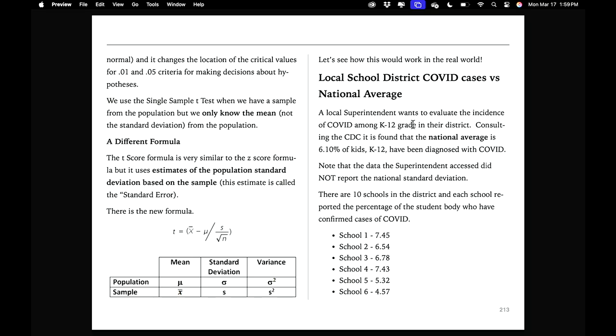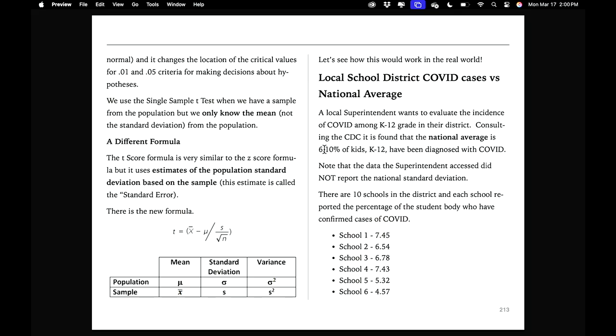Now over here we have the example. We have a superintendent who wants to evaluate how the number of COVID cases in their school compares to the national average, and they know that the national average is 6.1. What they don't know is the standard deviation. It's actually much more difficult to get that from the kind of data that they collect. So we have the 6.1% nationwide average.